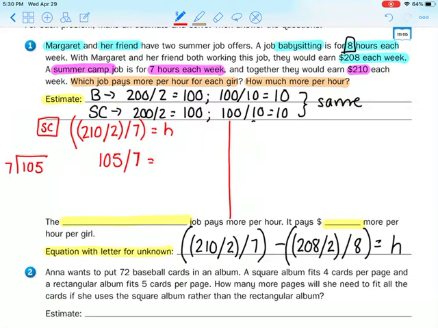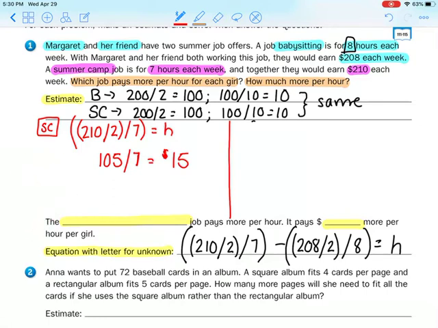I know that 7 times 10 is 70, and 105 minus 70 is 35, and 35 is a multiple of 7, because 5 times 7 is 35, so I have no remainder, and my answer is $15 an hour. At the summer camp, the girls made $15 for every hour that they worked.